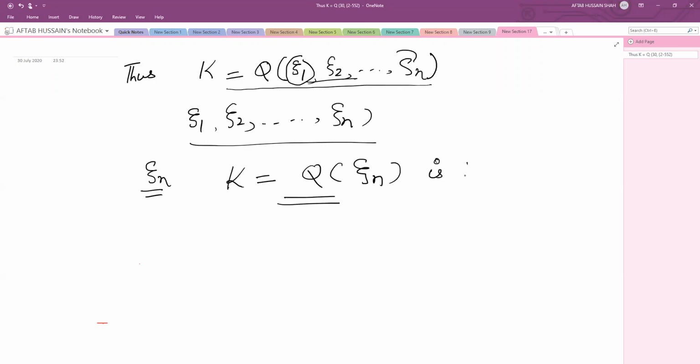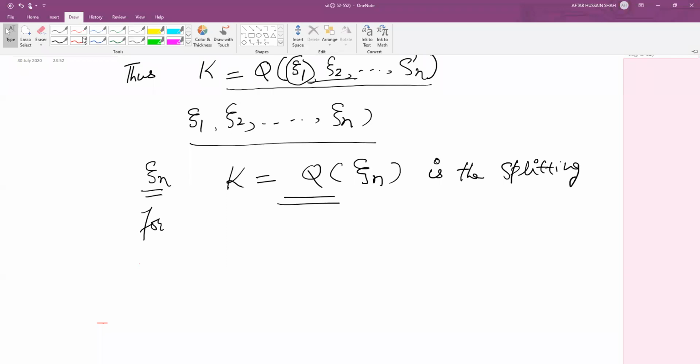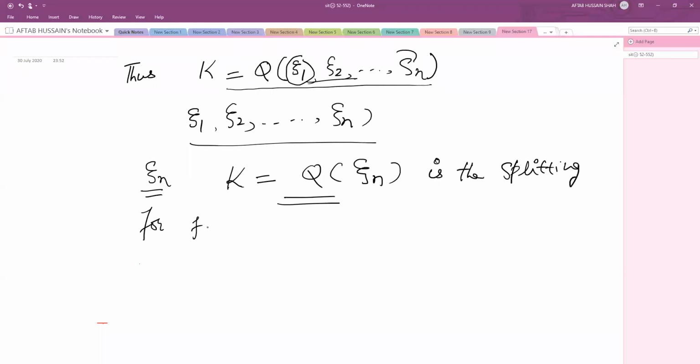Is the splitting field for the polynomial f(x) = x^n - 1 over Q. So these field extensions of this type are called cyclotomic fields.